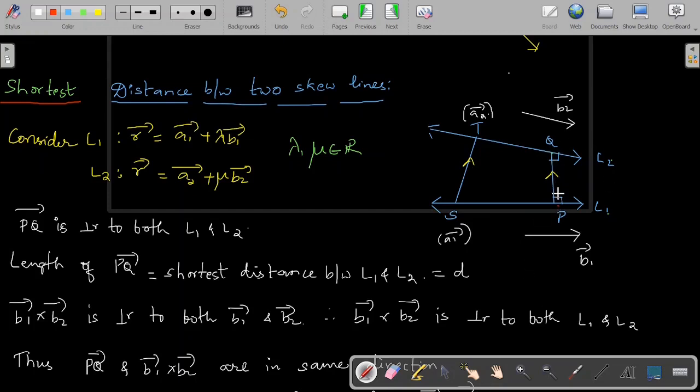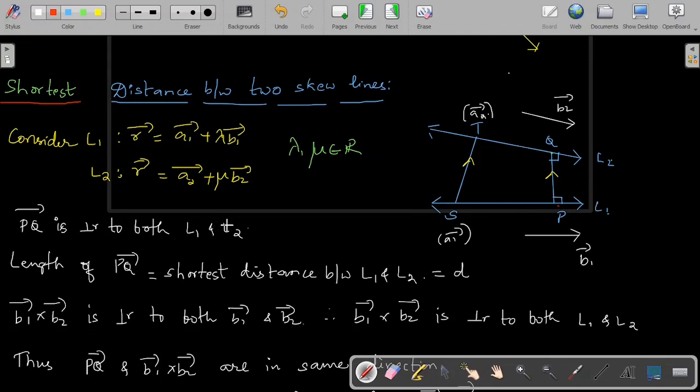That particular line segment gives you the shortest distance between the two skew lines. You can draw anywhere a line which joins two points on the two lines, but we want the shortest. Therefore we want to find a line segment which is perpendicular to both lines.